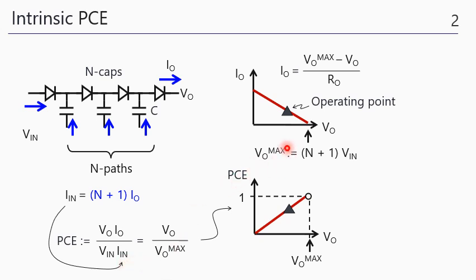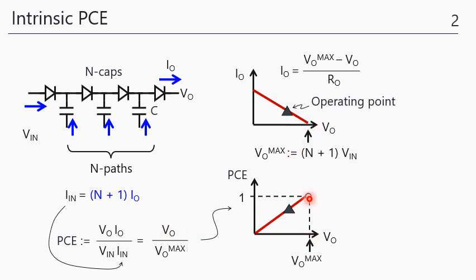Using this VO max, PCE can be expressed by this equation, and it shows like this, the red line, which is a straight line, and the PCE can be 1 when VO is VO max.